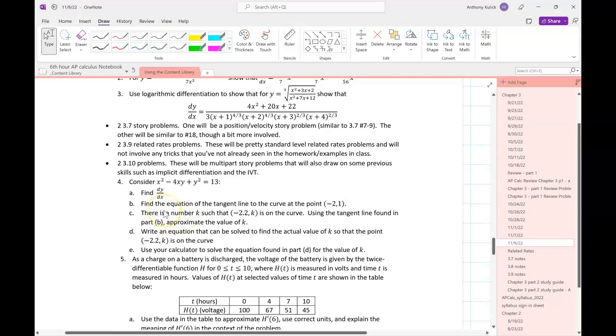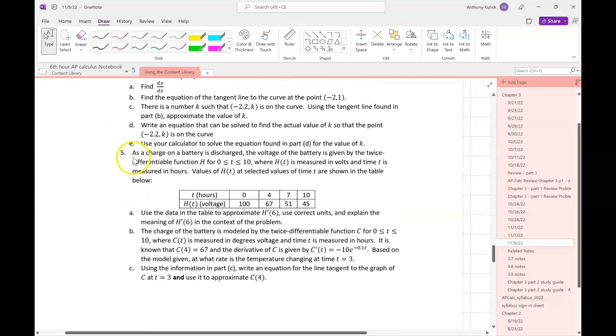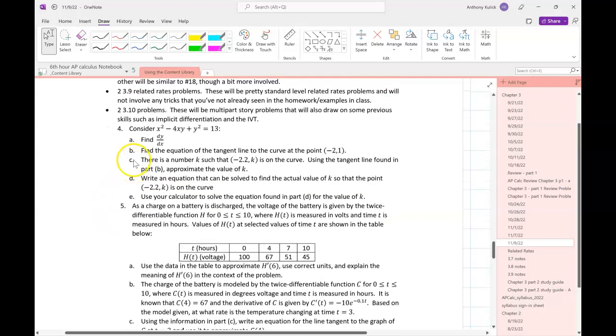What are those going to look like? So that's why I gave you 2 examples afterwards. Number 4 is one where you're going to use implicit differentiation, right? And then for number 5, I could say, show that the function h of t takes on the value of 55 at some time. How could you prove that?